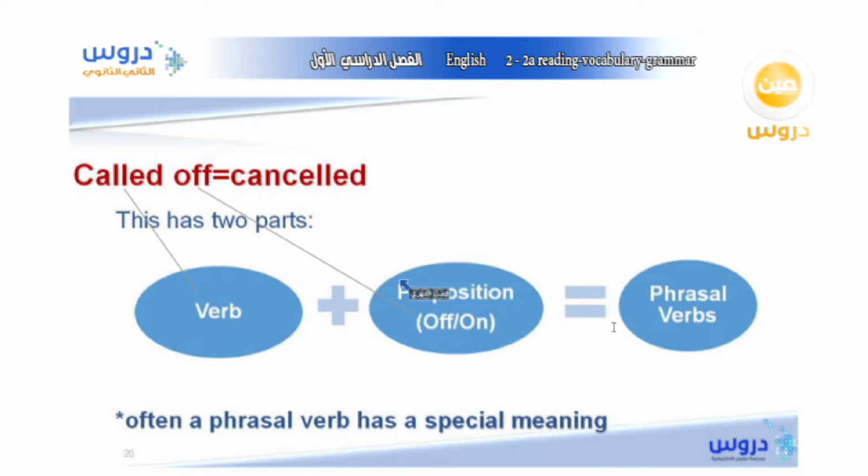We call it a phrasal verb. Verb plus preposition, whether off or on. It always has meaning. Called off means cancelled. And off as a phrasal verb has a special meaning. Is that clear for you?